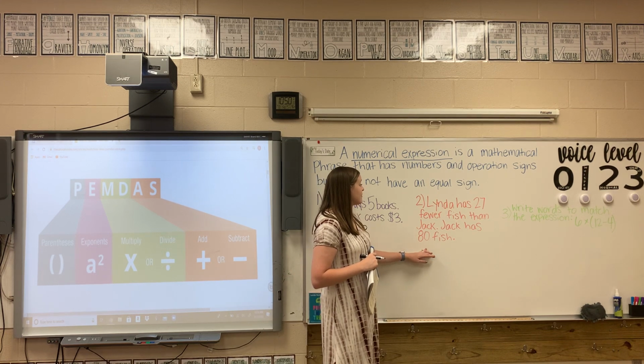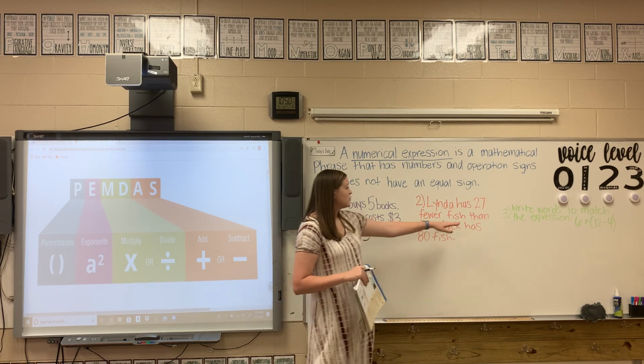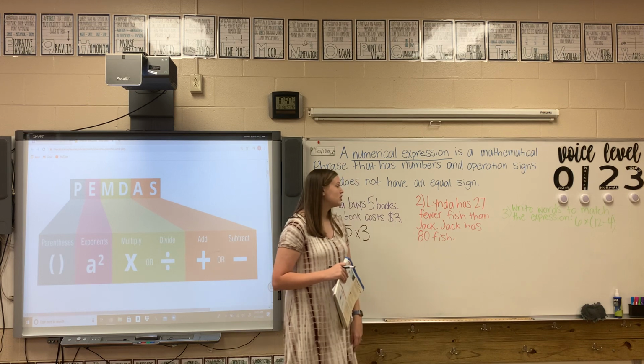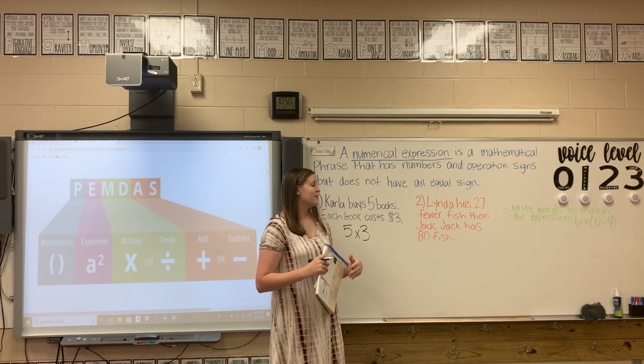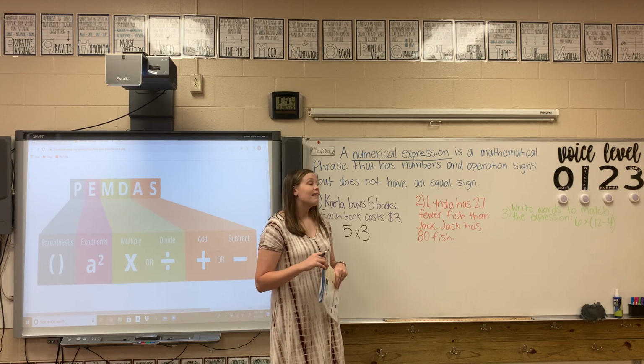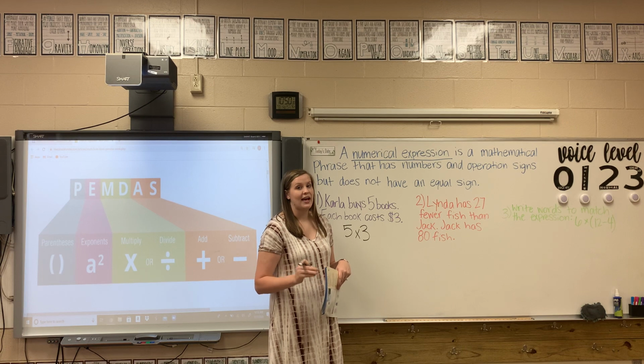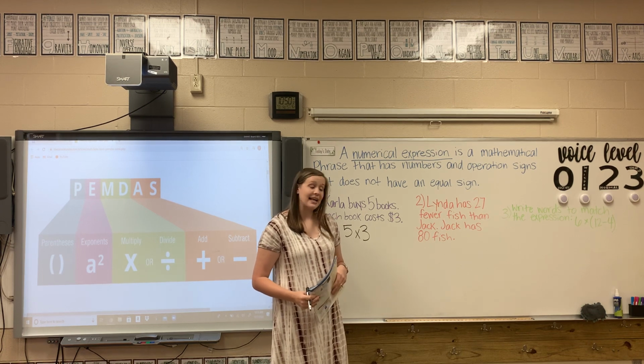Linda has 27 fewer fish than Jack. Jack has 80 fish. So our numbers are 80 and 27. Linda has 27 fewer fish than Jack, and Jack has 80 fish. So if we have that keyword fewer, are we adding, subtracting, multiplying, or dividing? We're subtracting.